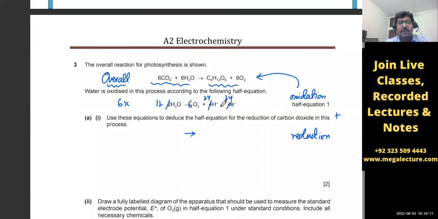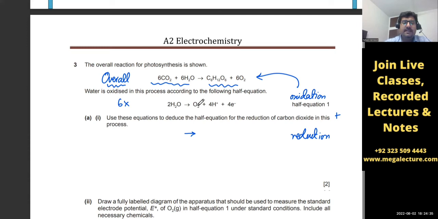So here what I'm saying is that this equation, if I rub this off, is getting added up with this unknown equation, and you're getting this equation at the end, right? That's your overall equation. So if you're getting 6 O2s at the end, there must be 6 O2s over here.